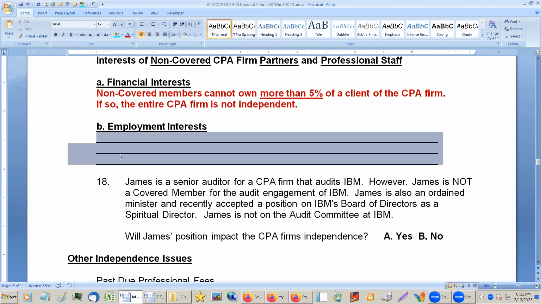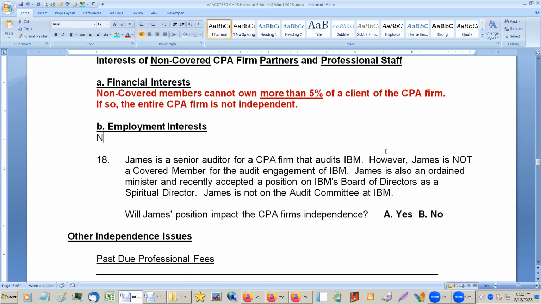Employment interest. Can I be a member of the client's upper management?